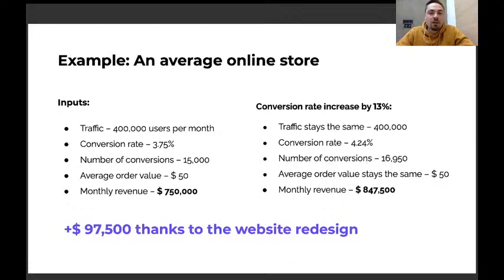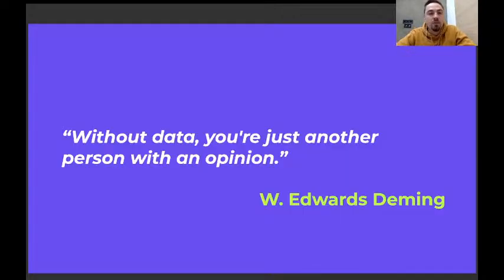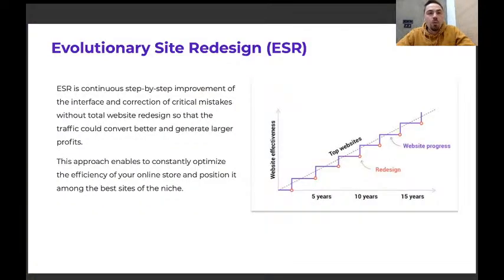But you know, Edwards Deming once said, without data you're just another person with an opinion. We like this phrase, and everything that we do follows this idea. That's why we have the ESR approach.